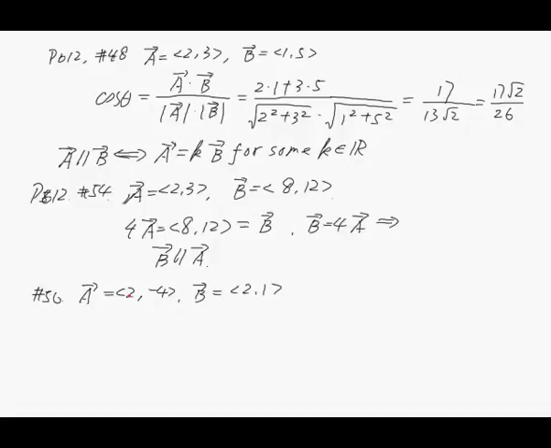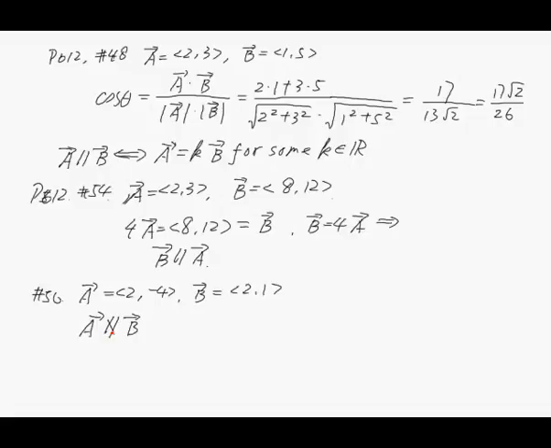A has 2 as the x component, and B also has 2 as the x component. So the multiplier should be 1 times 2. If you have 1 times -4, you get -4, which is not equal to 1. So first we can see A is not parallel to B.